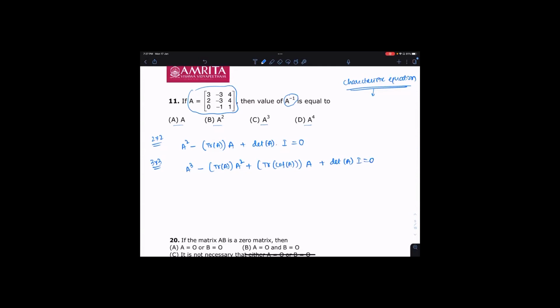What is trace of any matrix? It is simply the addition of diagonal elements. For example, here in this matrix A, the trace of the matrix will be 3 minus 3 plus 1, which is 1. So A cube minus A square, plus, what is the trace of the cofactor matrix? Simply nothing but, actually I can write it like this.